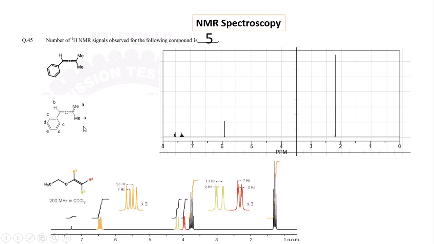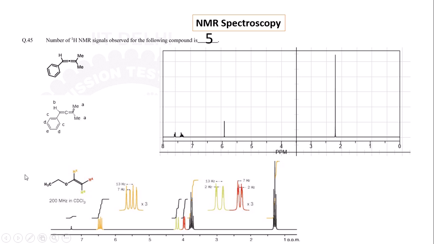So these two methyl groups have the same environment, and they give the same signal. And the phenyl group has ortho protons in the same environment, meta protons also in the same environment, and the para proton, and we get a total of 5 signals.